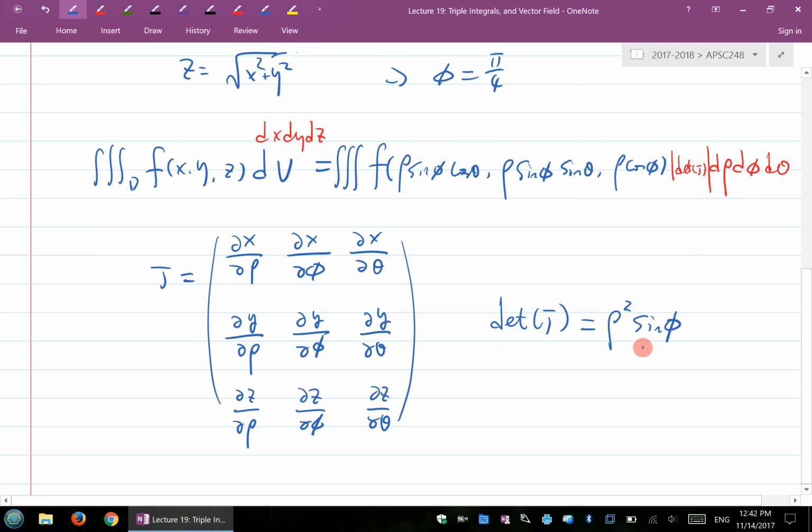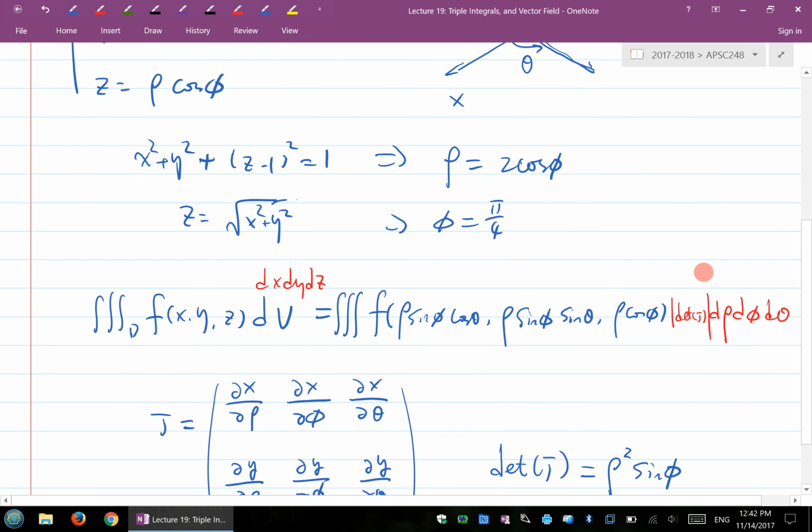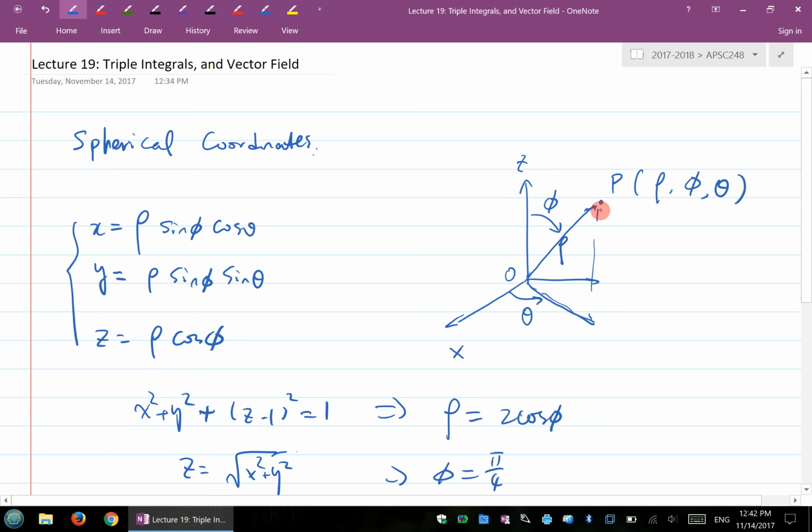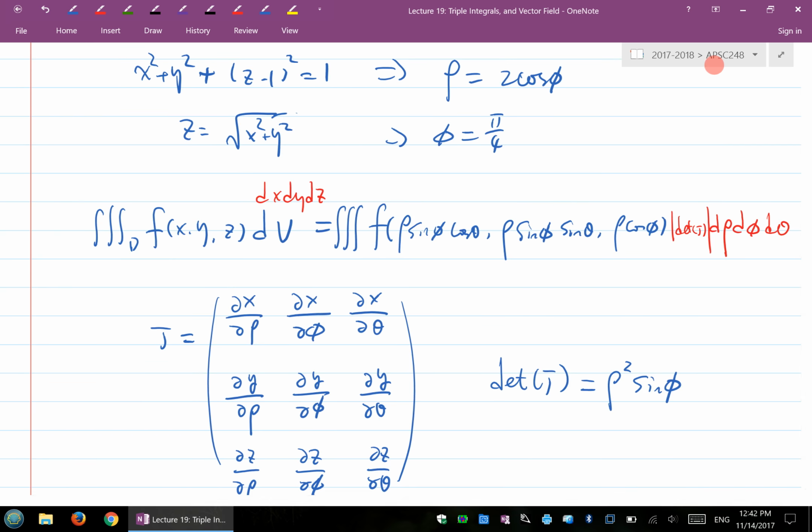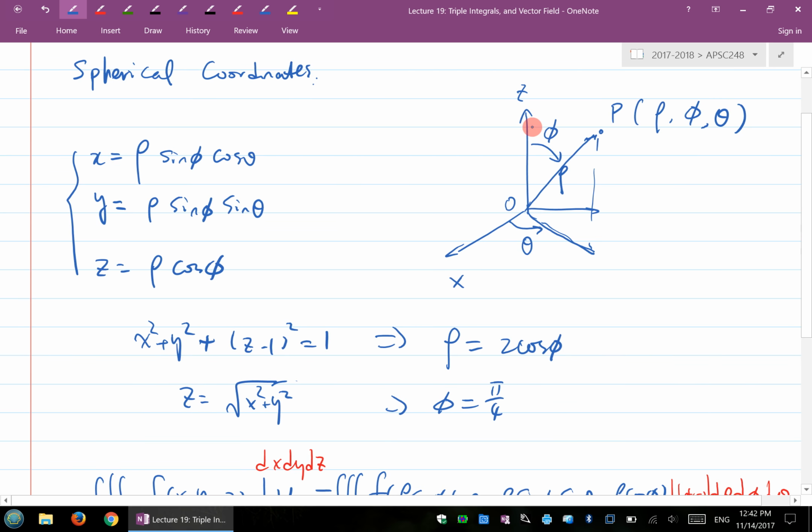If you look at this determinant, we need an absolute value for it, right? So let's take a look at these results. Rho squared sine phi. What's the definition of rho? Rho is the distance from the origin to this point P, so naturally rho is always a positive number. And phi is an angle defined from the z-axis to OP, basically the vector here.